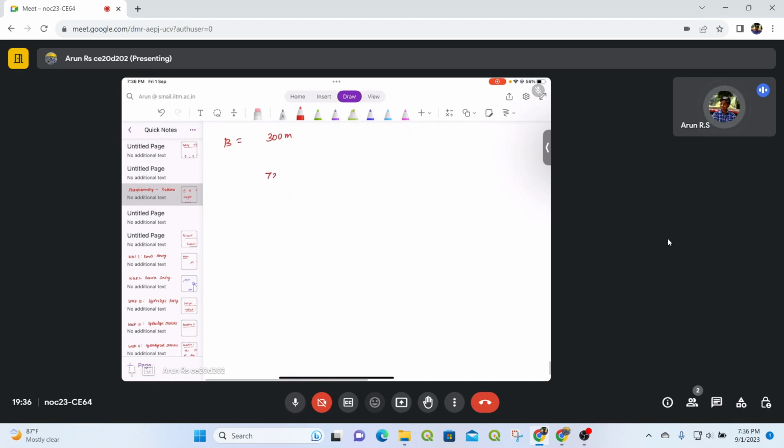So I'm going to write it for top. 72 is equal to 160 into 300 divided by 4000 minus H top. Then this will be P bottom.